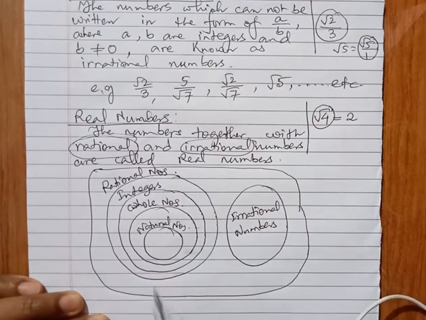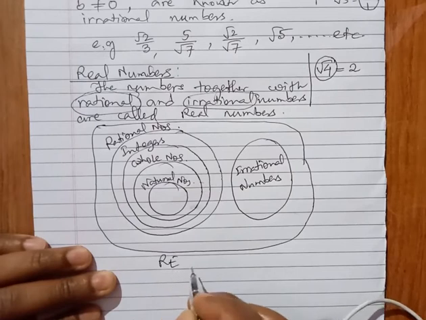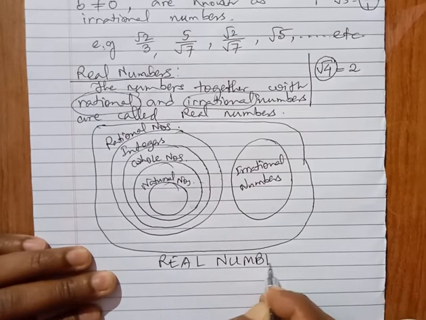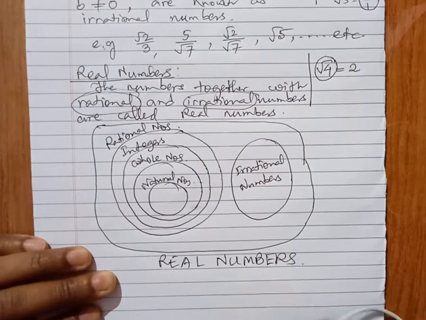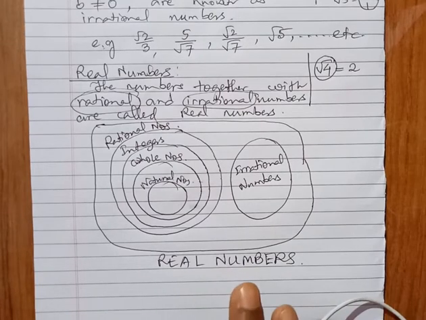Rational and irrational numbers together are known as real numbers. So this figure is very important, and you also make this diagram nicely in your copy.